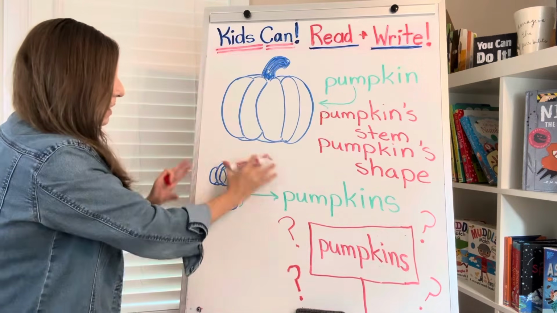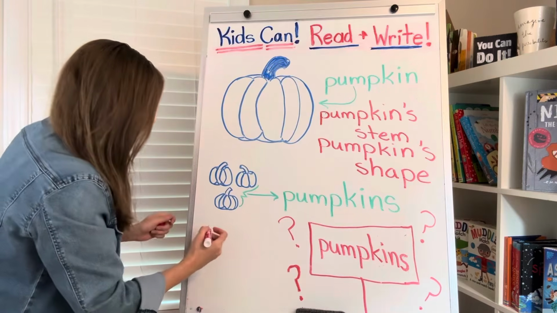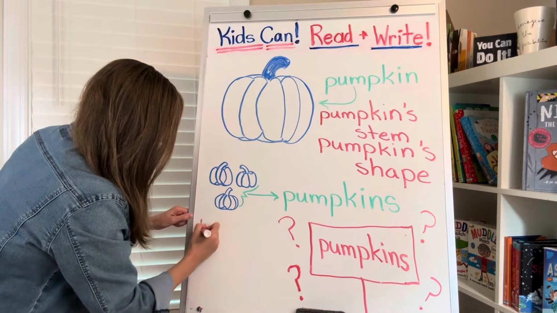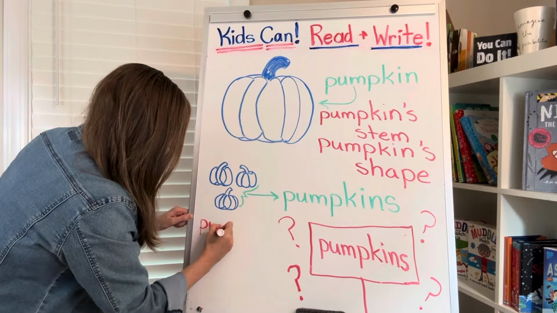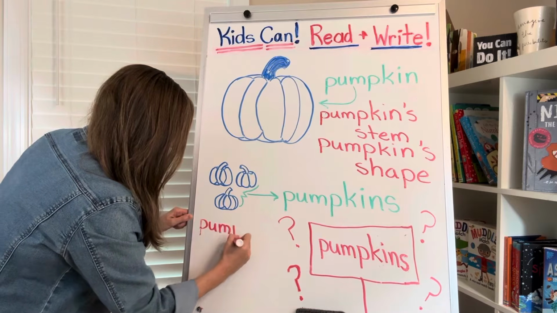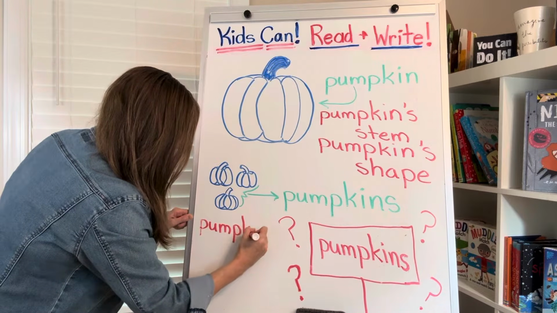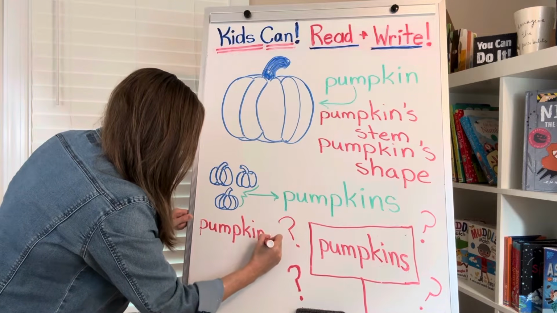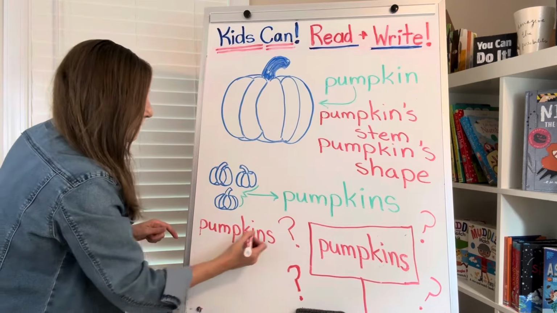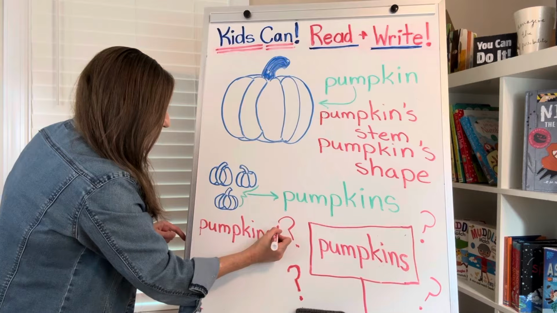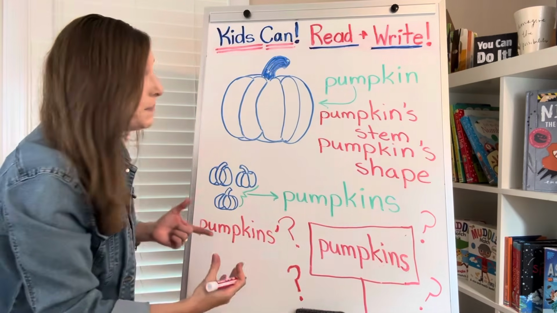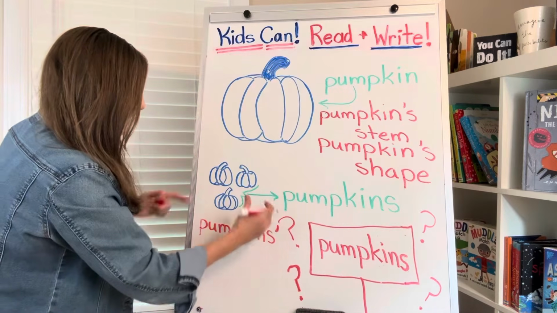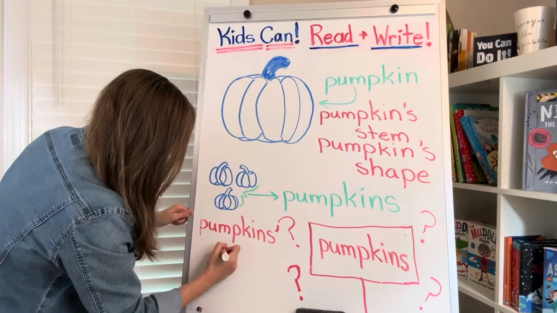Now, if we're talking about more than one, we could say pumpkins. Okay, we're talking about more than one. Pumpkins, and if something belongs to all of them, maybe the pumpkins' stems.